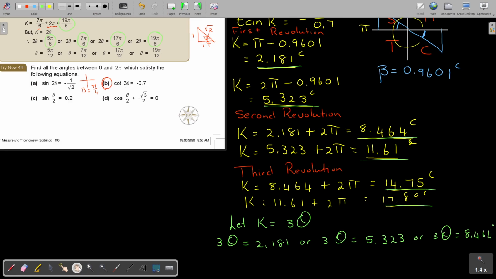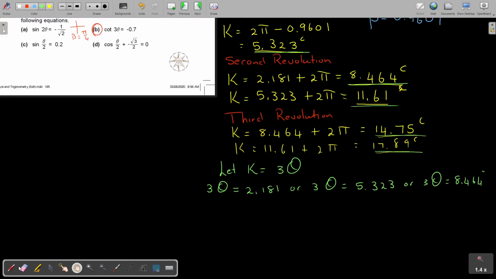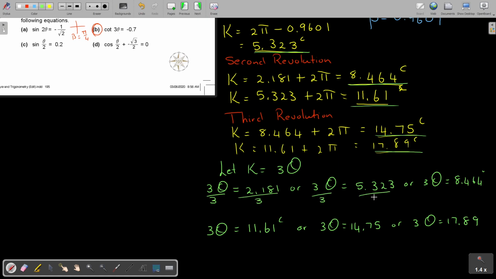Okay? And then, now I'm just leaving a space. And then 3 theta equals 11.61, or 3 theta equals 14.75, or 3 theta equals 17.89. And then I divide by 3, I divide by 3, I divide by 3, I divide by 3.